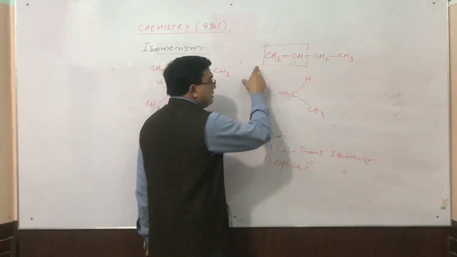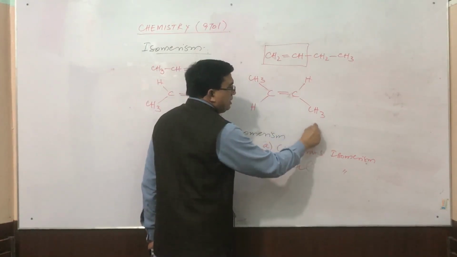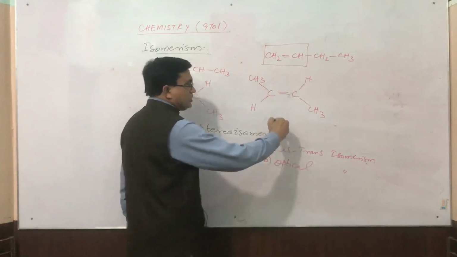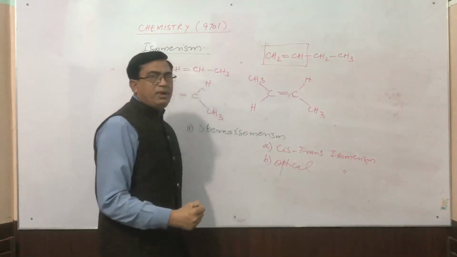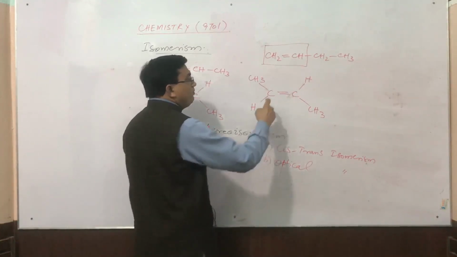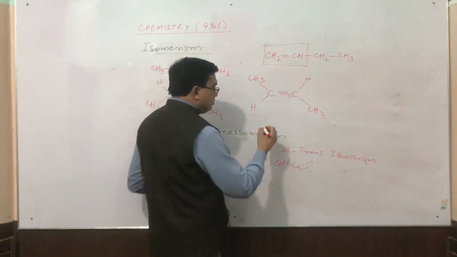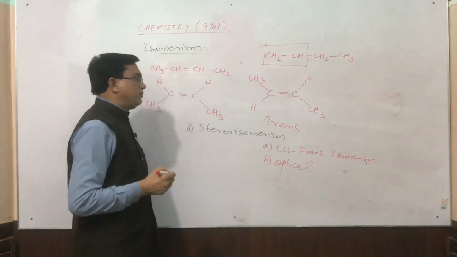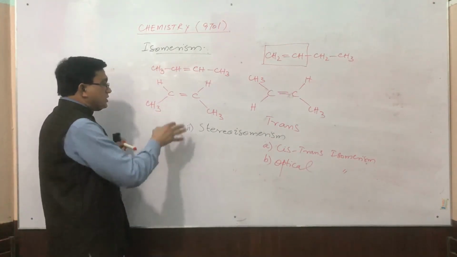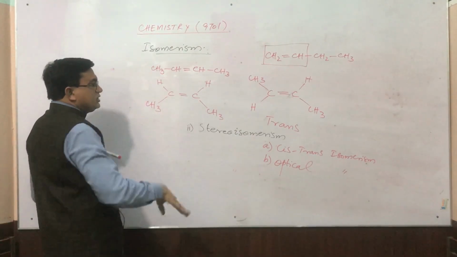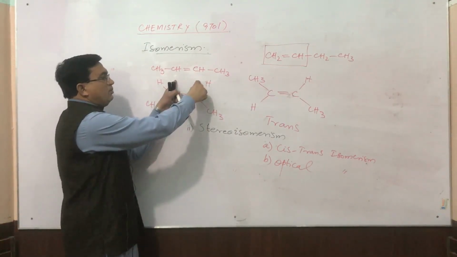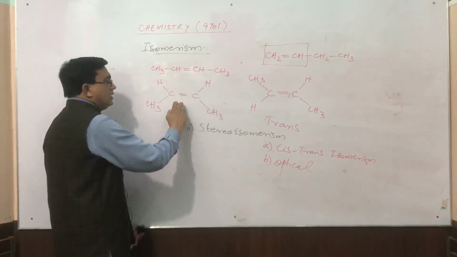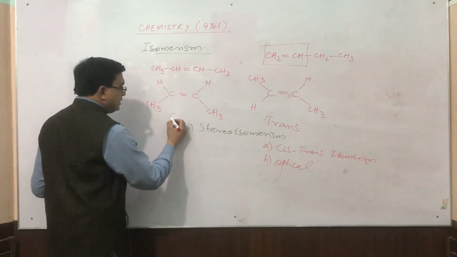If the groups are present diagonally, for example, this methyl group and this methyl group in opposite directions, then we will call this type of isomer a trans isomer. But if the same type of group is present on the same side of the double bond, and the same type of group is present on the same side of the double bond, then such an isomer is called a cis isomer.